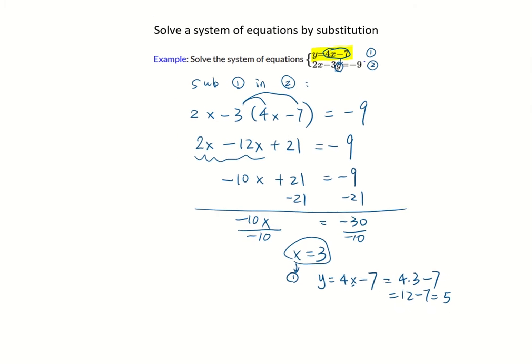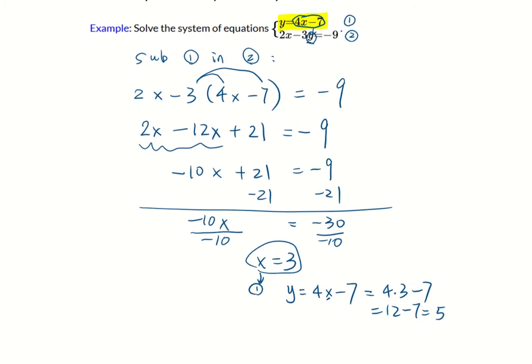X is 3, y is 5. So I will say the solution is x equals 3, y equals 5. Or you can represent it in ordered pair form. So that's 3, 5.